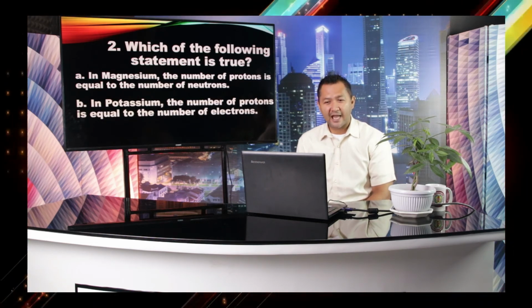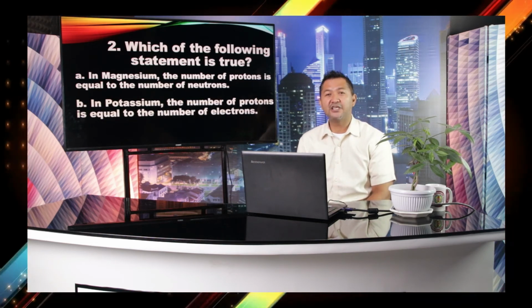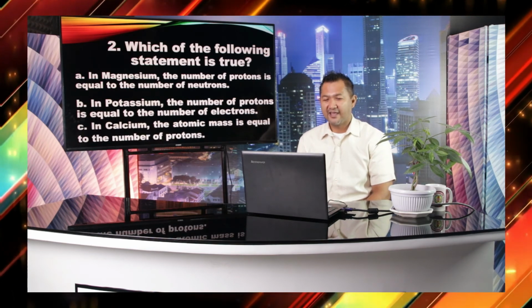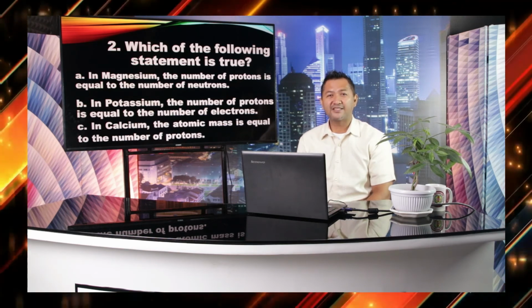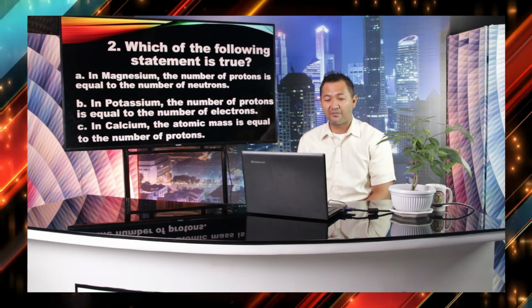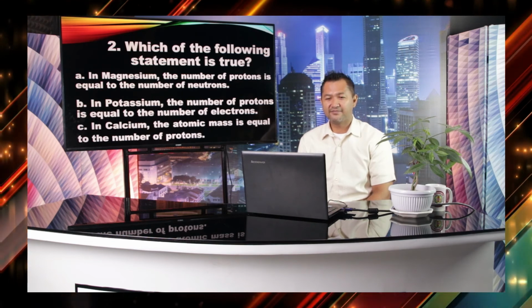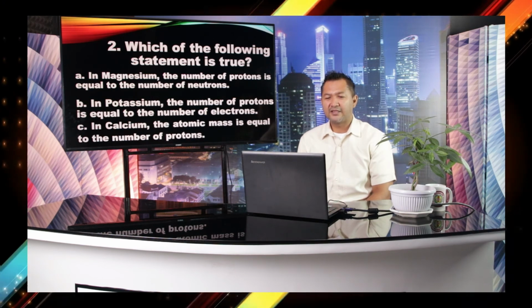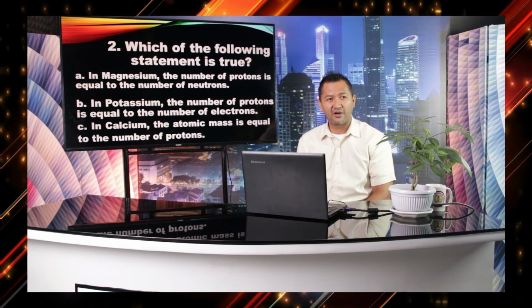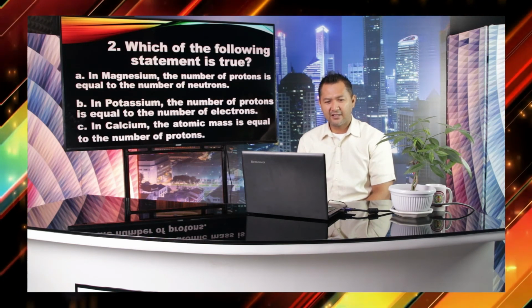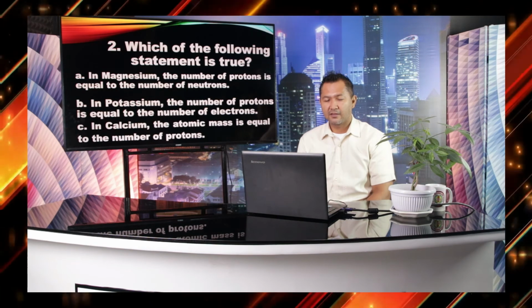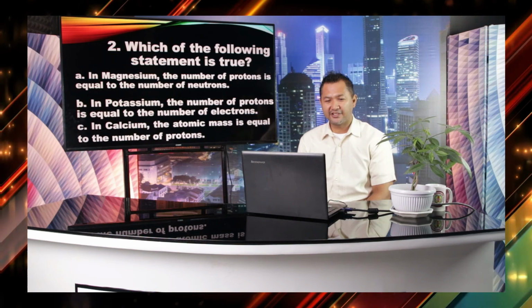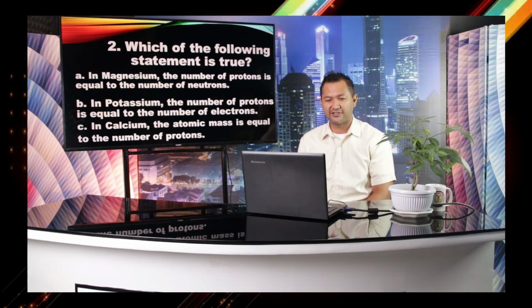B. In potassium, the number of protons is equal to the number of electrons.